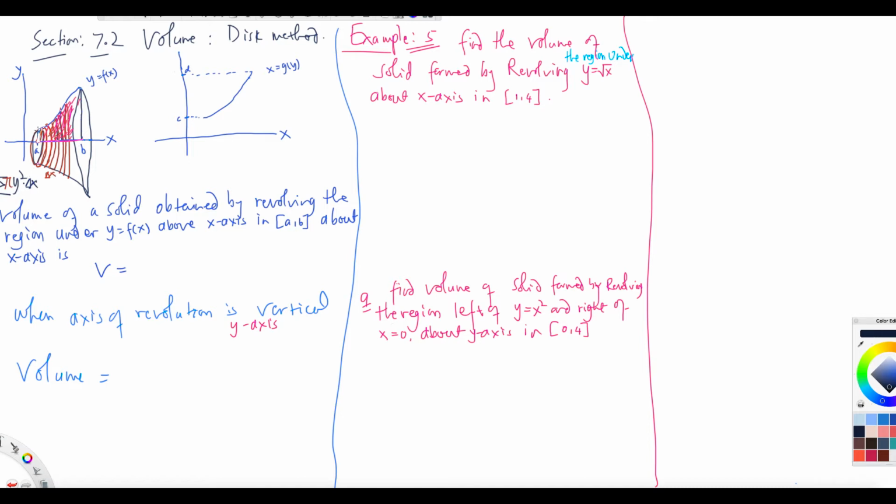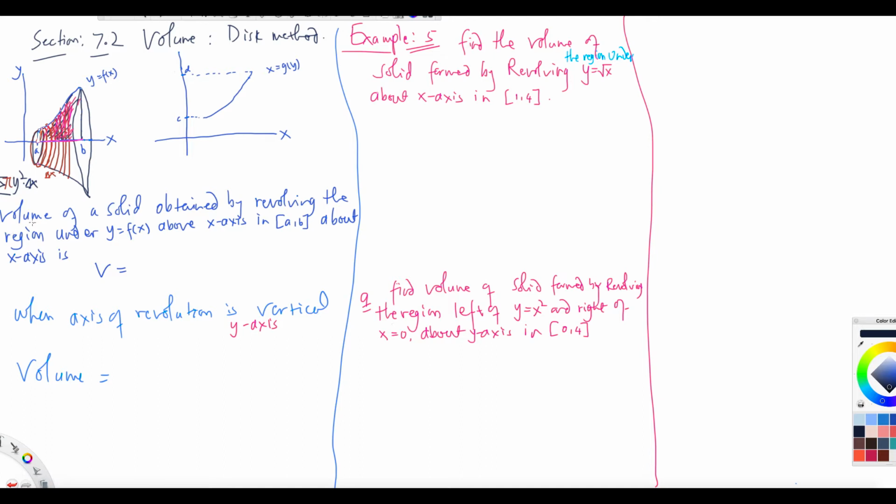So if you get the disk at a, another disk a little right of a, another disk a little right of that, and so on, the summation of the areas of all these disks will form the volume of that solid, formed by revolving this region around the x-axis.